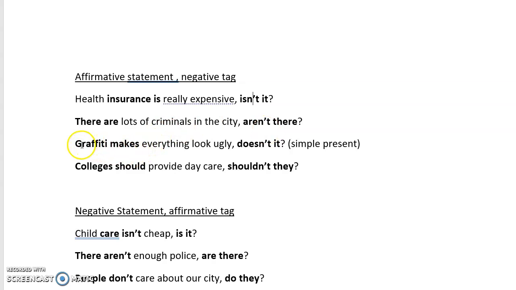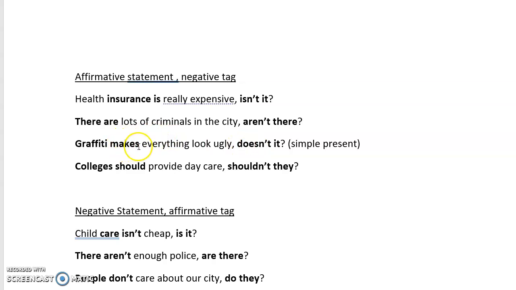The third sentence here. Graffiti makes everything look ugly, doesn't it? Okay, this one's a little more difficult. So if we look at the original verb makes, we can see that that is simple present. So in a tag question, we want to use the helping verb. No main verbs, just helping verbs. Okay, unless it's a be verb, we want to use the helping verb.